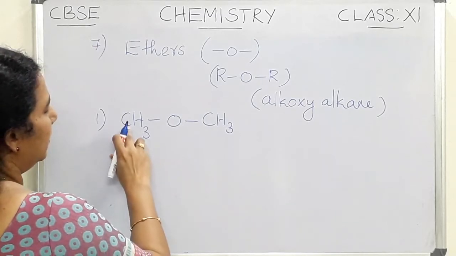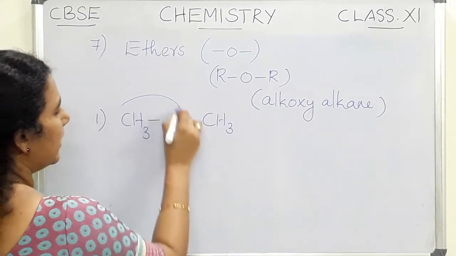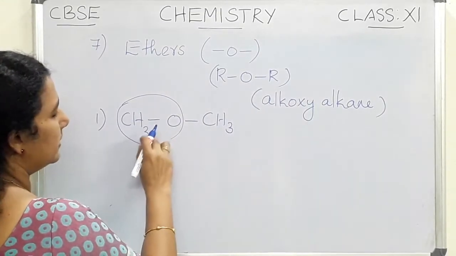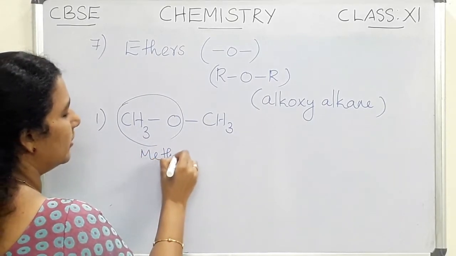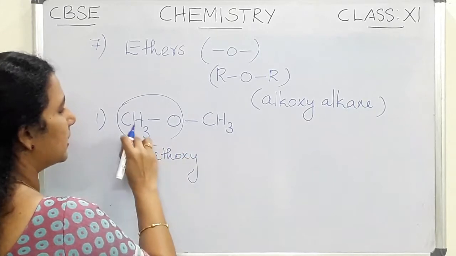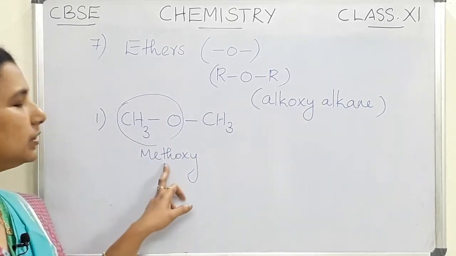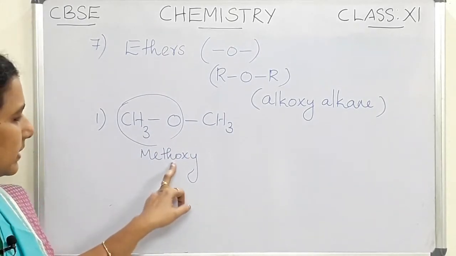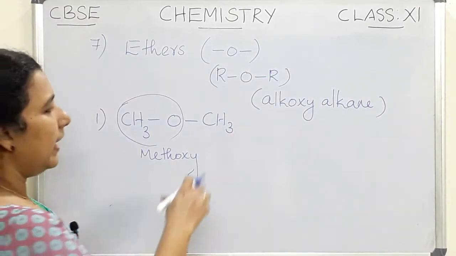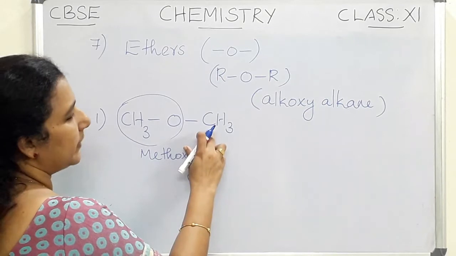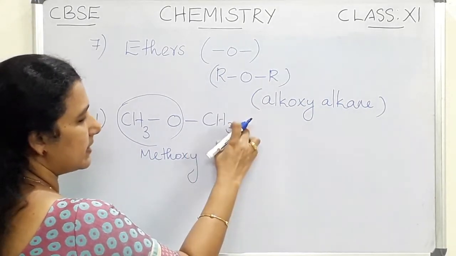If this is considered as the methoxy part, since it is a methyl group, we can say it is a methoxy group. So CH3O is a methoxy group. Instead of alkoxy, we can write methoxy. And again there is a methyl group on the other side.